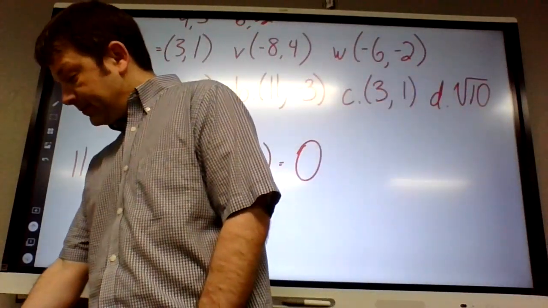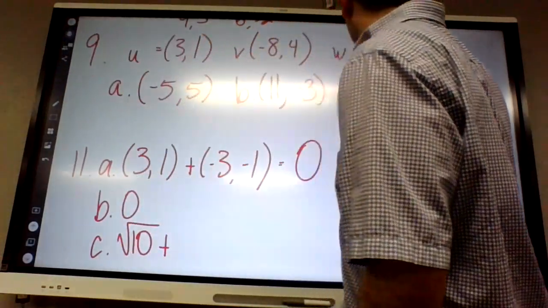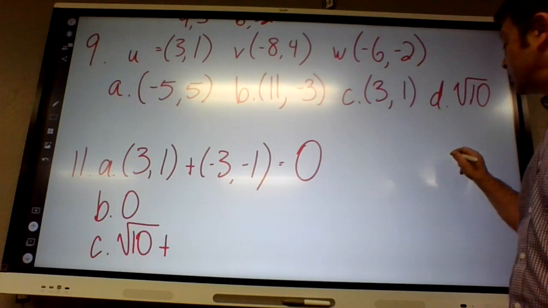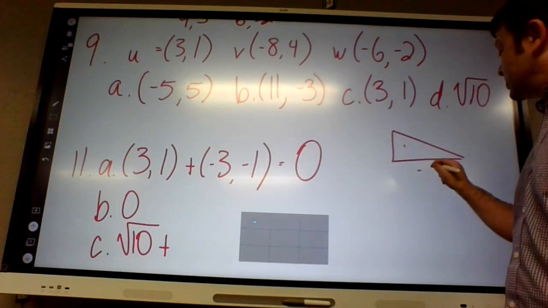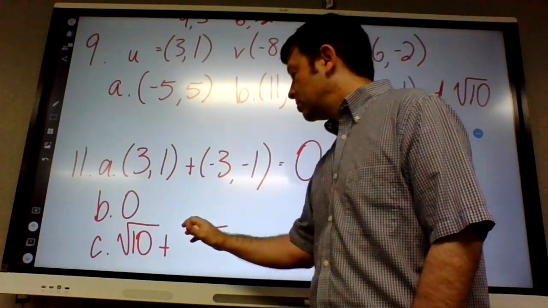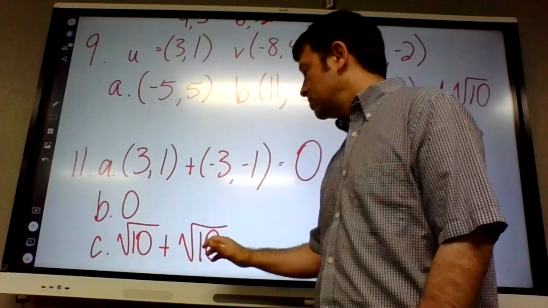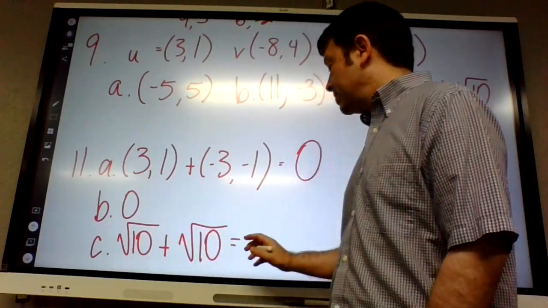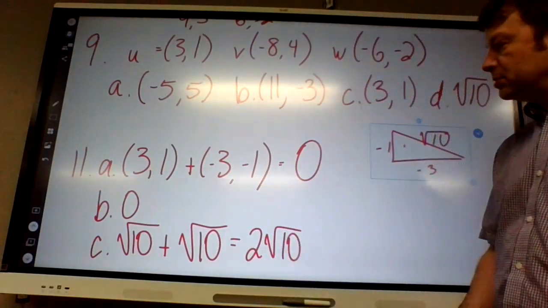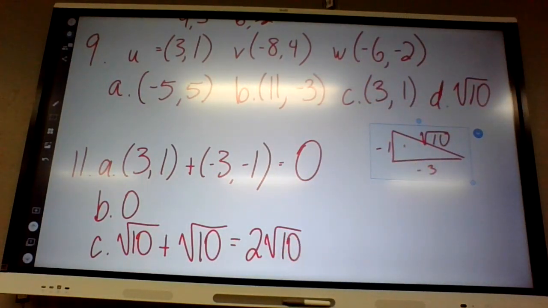Plus 1/2 of w was negative 3, negative 1. So it's basically also a 3, 1. So this would be a square root of 10 as well. So square root of 10 plus square root of 10 is 2 square root of 10.